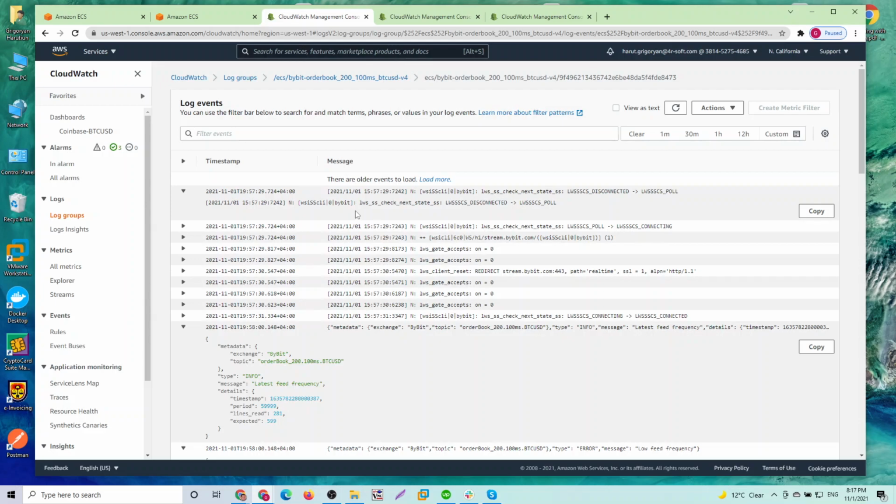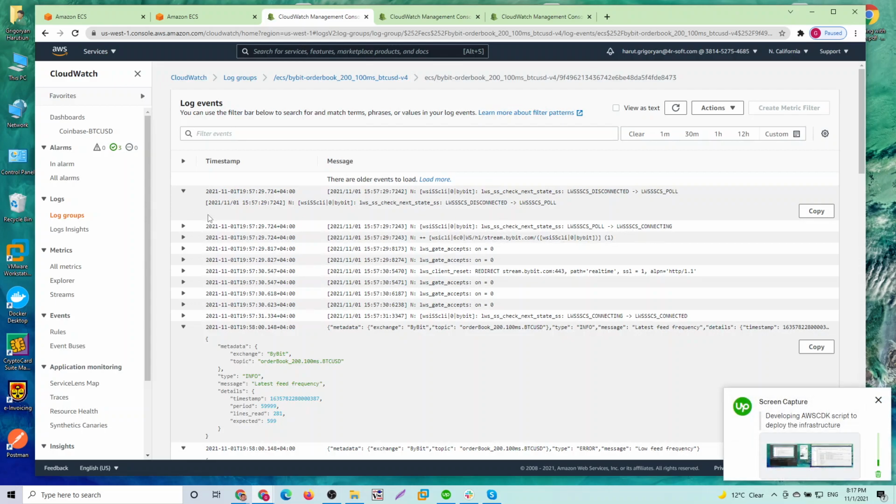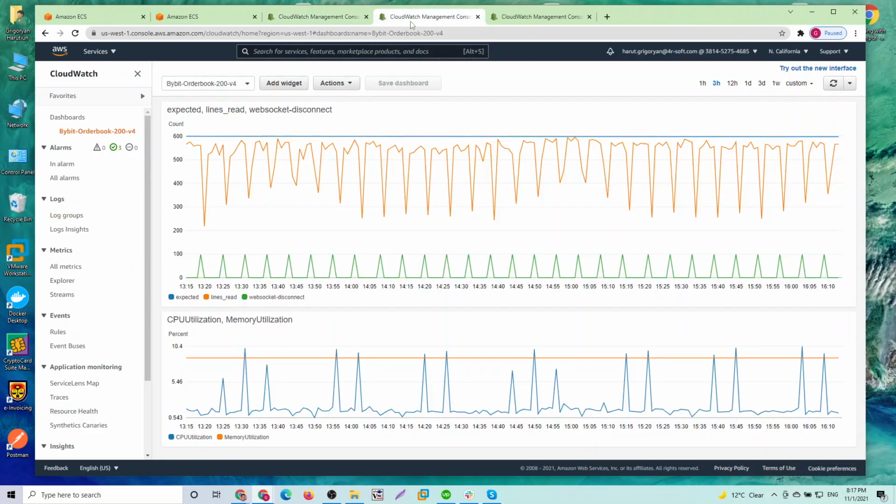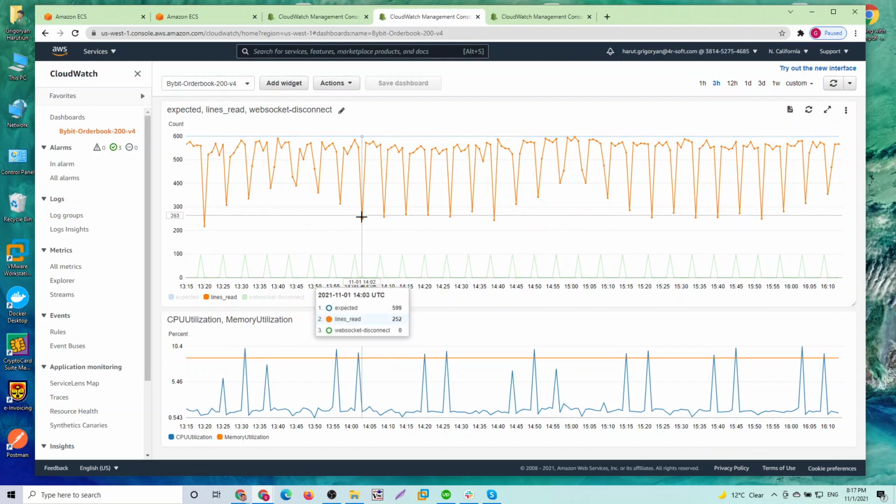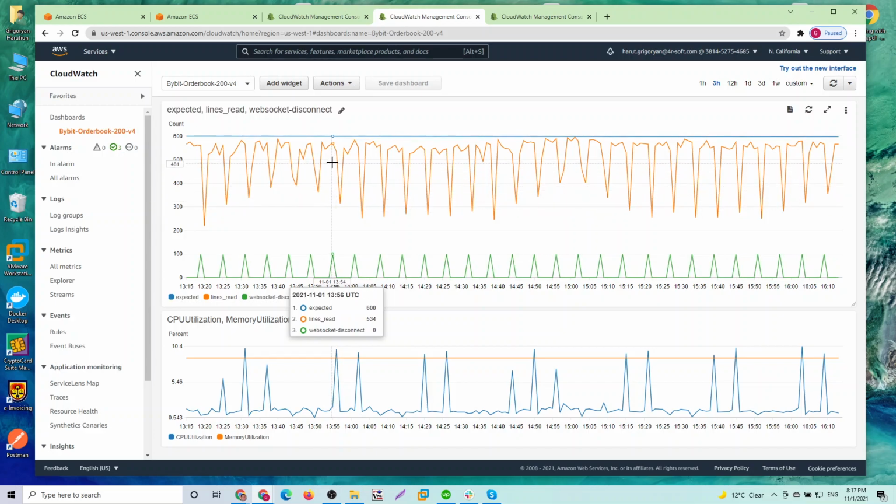For some reason, Bybit initiates those disconnects, but we reconnect pretty quickly. So we try not to lose much data, but these disconnects are forced, and we can't do anything about that, at least at this point.